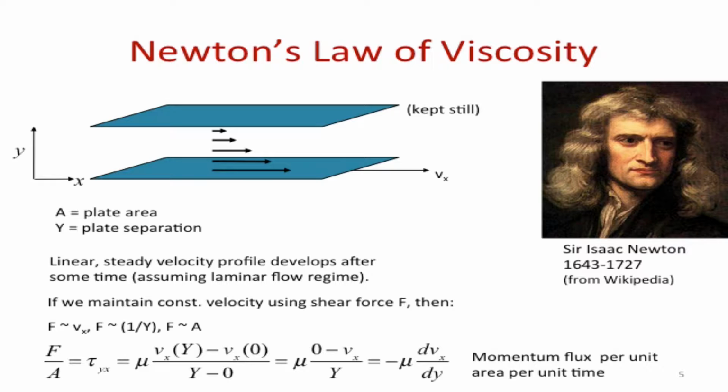So that's going to essentially cause this negative here. So this is a finite difference in this particular case. If I take this for any plate separation and take that separation to 0, I'm actually going to get a derivative in y direction for my Vx.